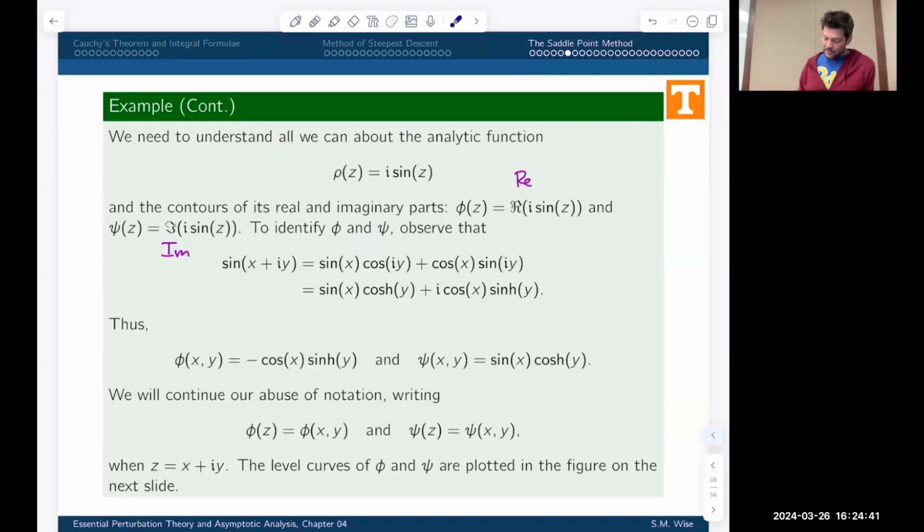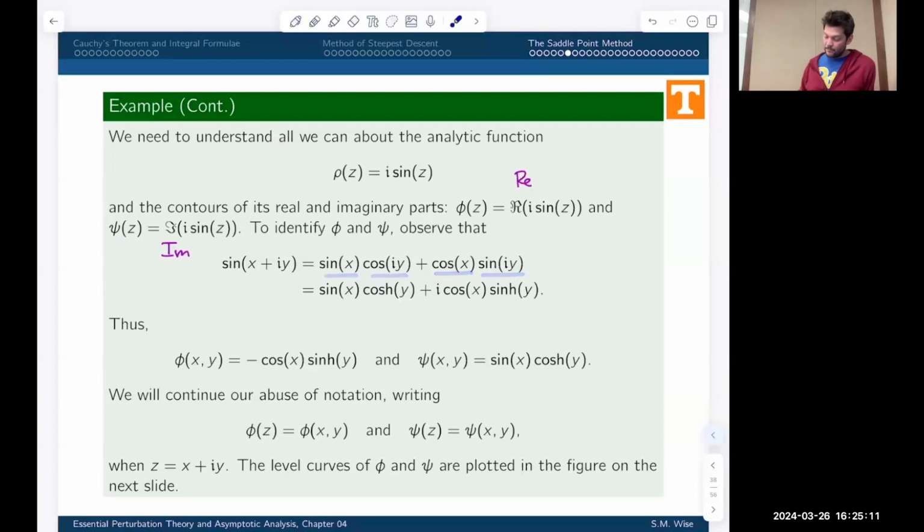Now, if I take the sine of z, I can still apply the sine addition formula even in the complex case. If I break z into its real and imaginary parts as x and y, then I can write z as x plus iy. So the sine addition formula still works. We get sine x cosine iy plus cosine x sine iy.